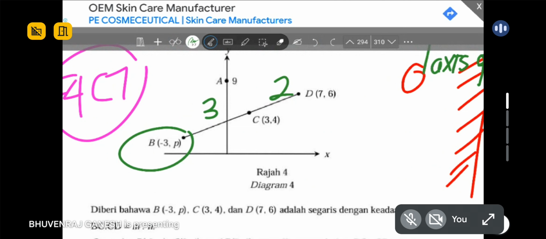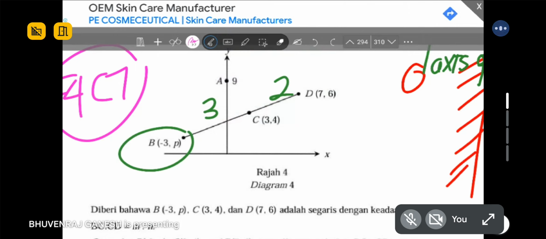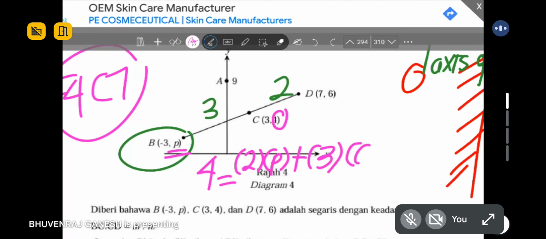So guys, over here, are you using the X coordinate or Y coordinate? May I know, guys? Now you want to find the P. So do you use the X coordinate formula or Y coordinate formula? Yes, you use the Y one. So you compare the number 4 now. Bandingkan 4. So 4 equal to N Y1 plus M Y2 over M plus N. Can you see it?